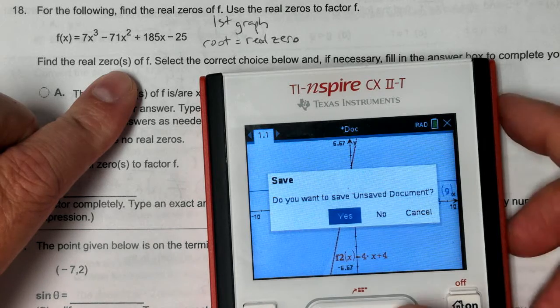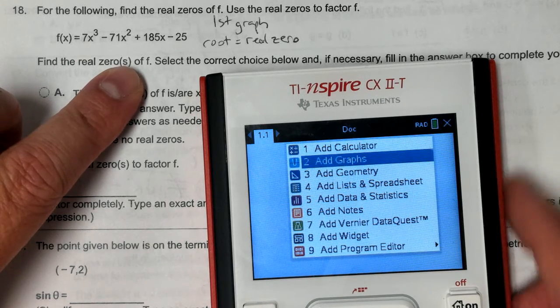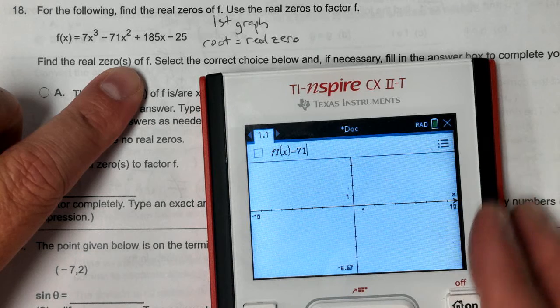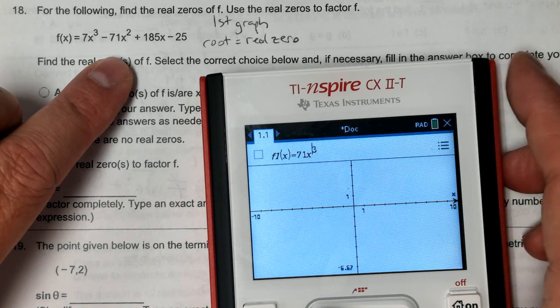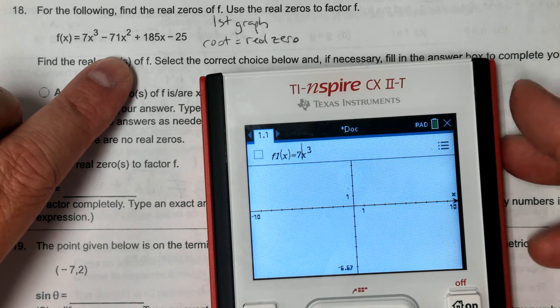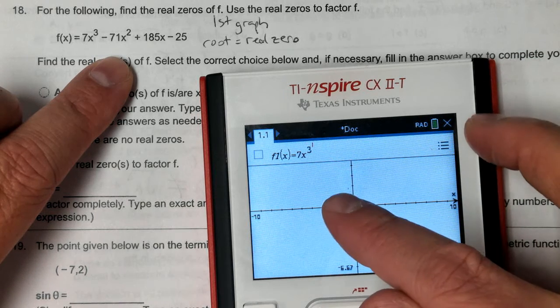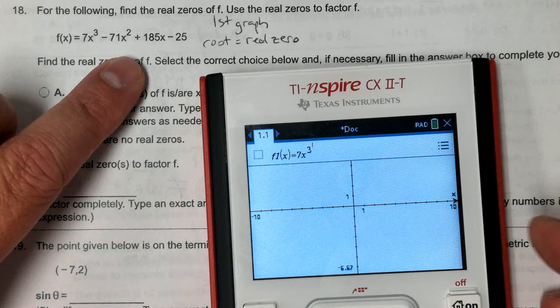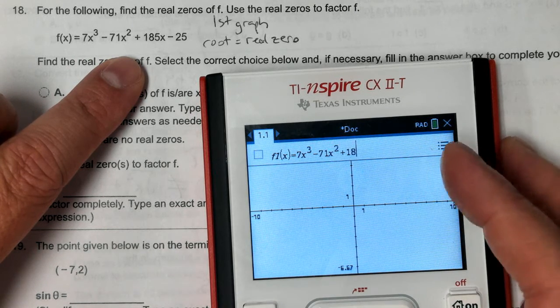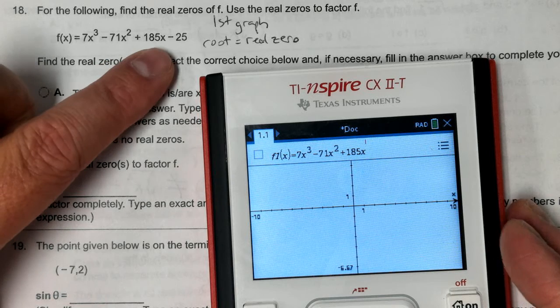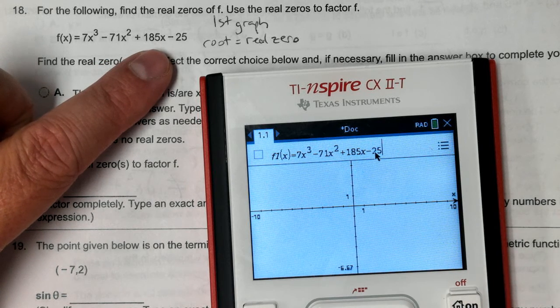So the first step is to do your graph: 7x to the third minus 71x squared plus 185x minus 25.